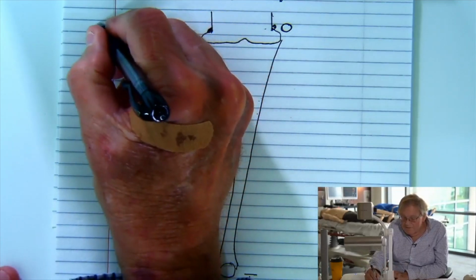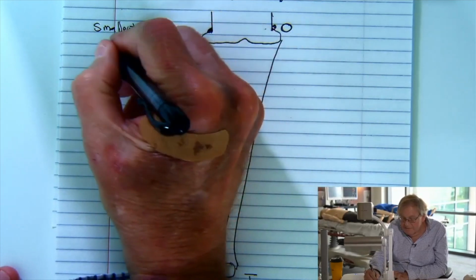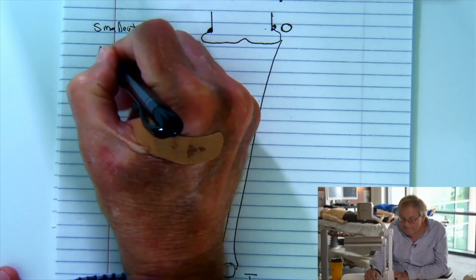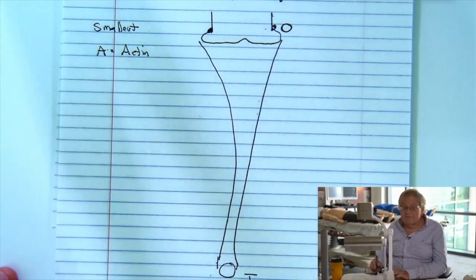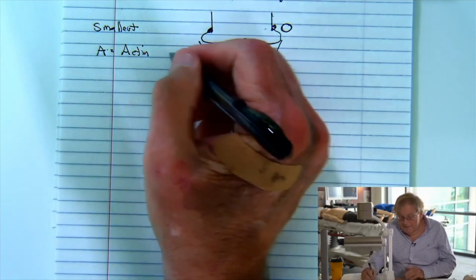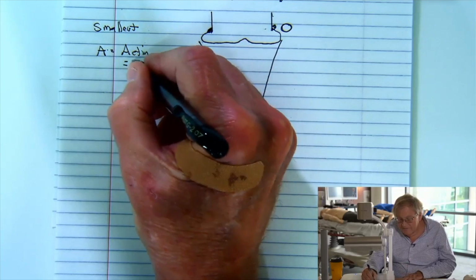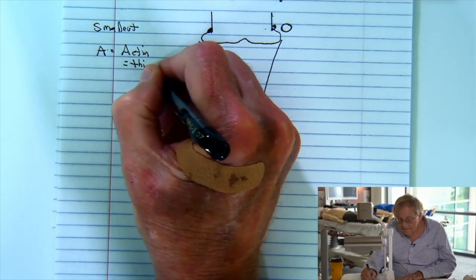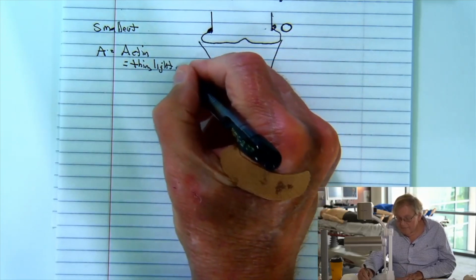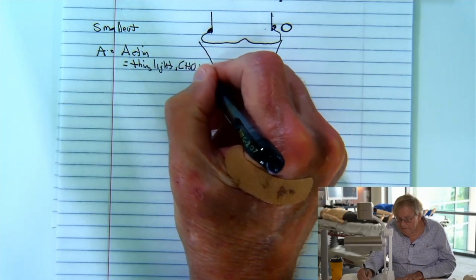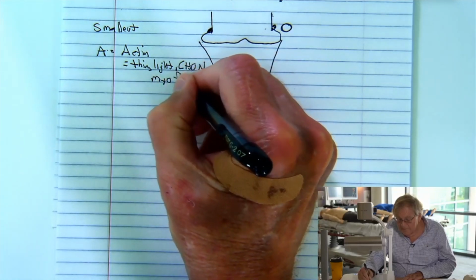The smallest structure of muscle would be something called A, or actin. Actin is a thin protein myofilament. I'm going to make it real simple for right now. Just remember, this is going to be thin, light, CHON standing for protein, and myo is the prefix for muscle, filament.